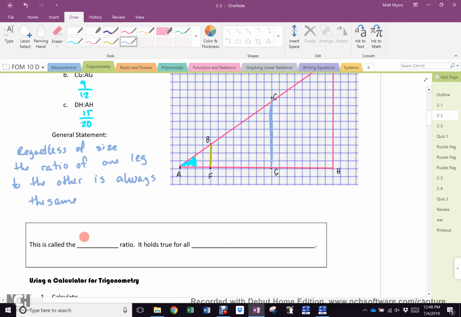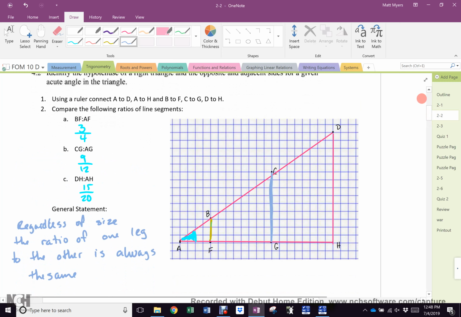And this ratio, this particular ratio, is called the tangent ratio. And it is true for all 90-degree triangles. No matter what, you will change it, or you will have the same comparison.